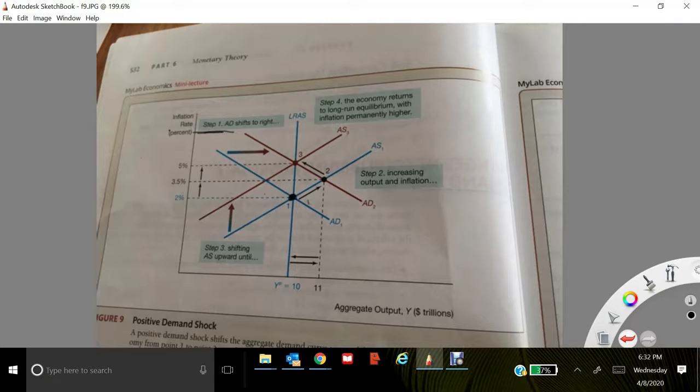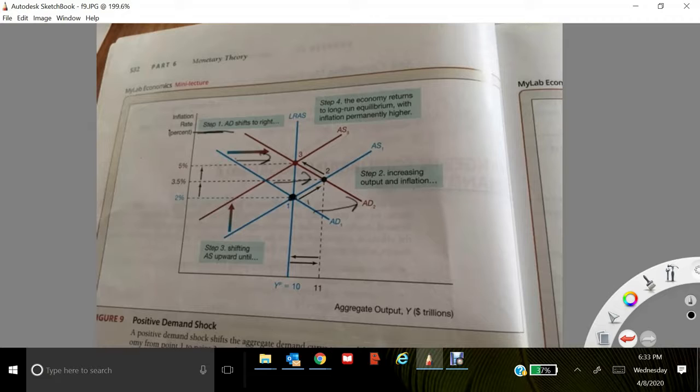Step 1, aggregate demand shifts to the right. Okay? There's a positive shock to aggregate demand. A number of things could happen. For example, autonomous consumption. People decide to spend more, not dependent on their income. Or government spending can increase.